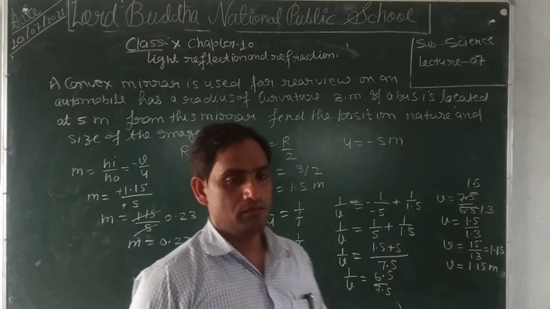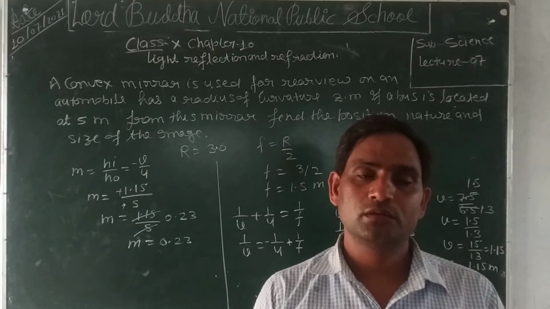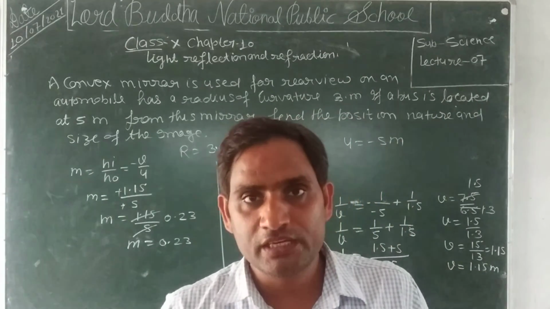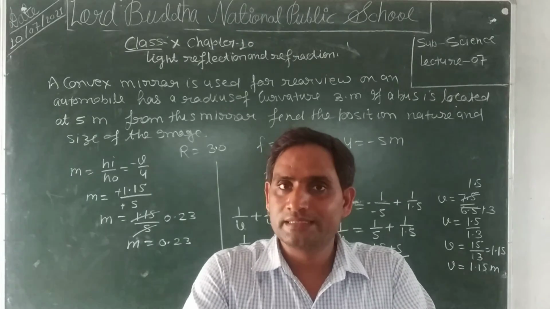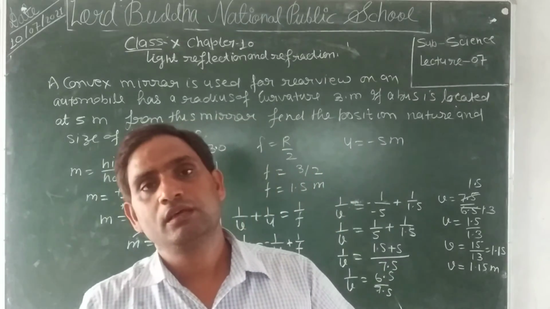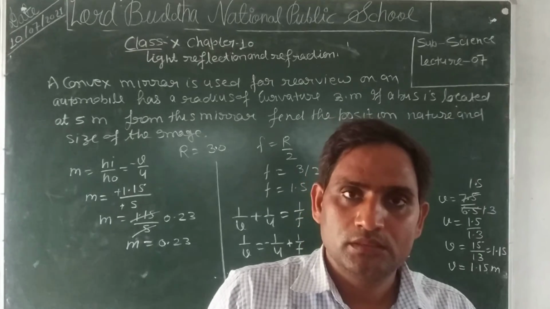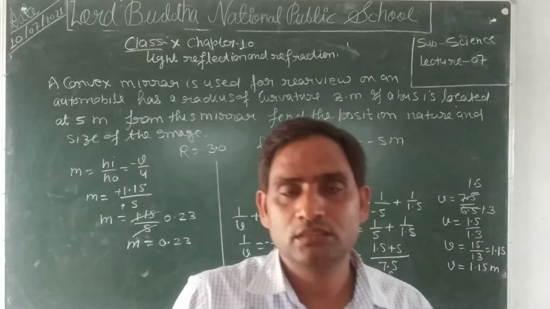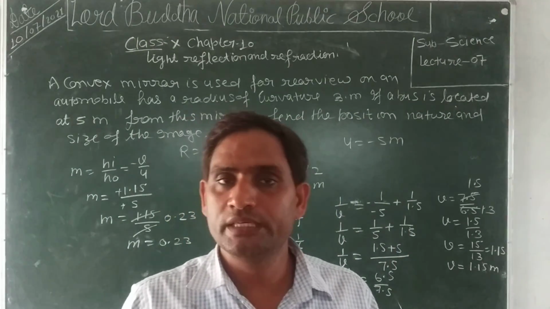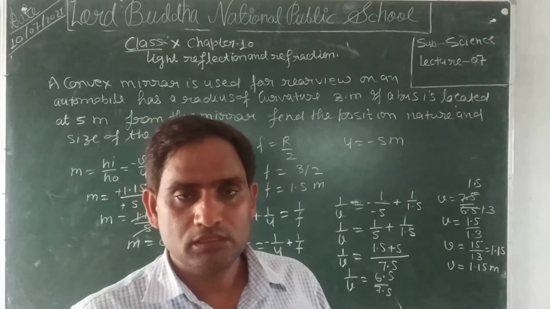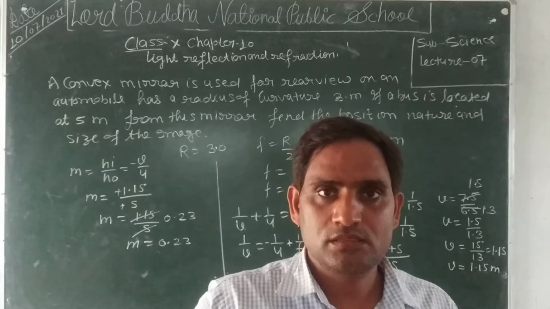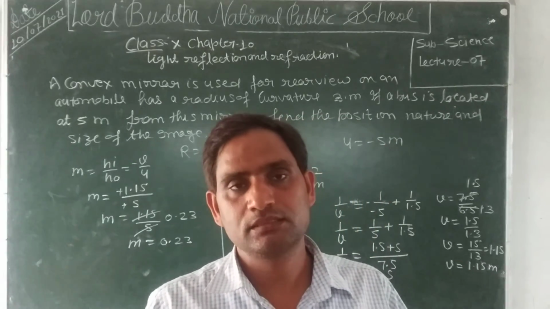As we mentioned, the magnification of a convex mirror is positive and less than 1, meaning it will reduce the size of the object to 0.23 times. Clear?